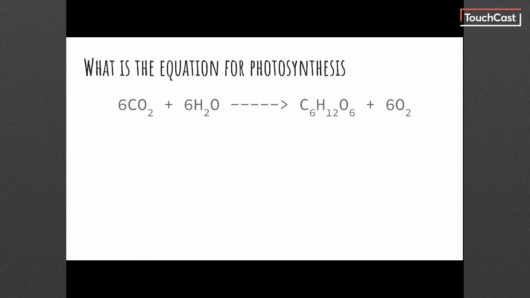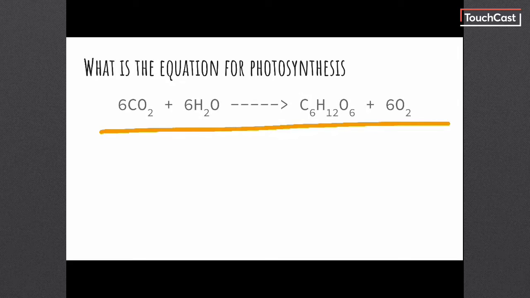All right, your last thing is, what is the equation for photosynthesis? So you guys will need to write down this entire formula, okay? So 6 CO2, so CO2 is carbon dioxide. You have 6 sets of carbon dioxide plus 6 H2O. Basically, that big 6 means you have 6 water molecules, okay?